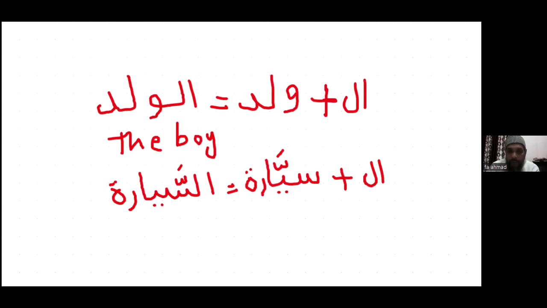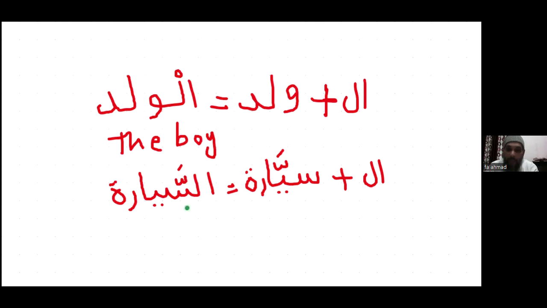Here we read "al-walad", we read the lam. But here we don't read the lam. We are not reading "al sayyara", we read "as sayyara". So we skip the lam.